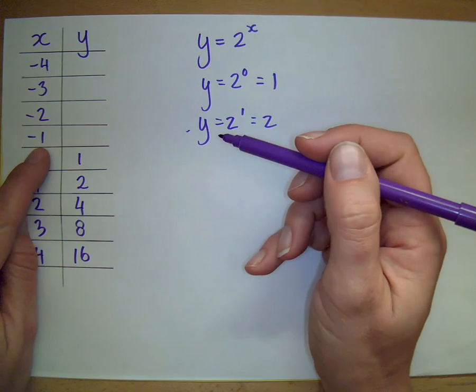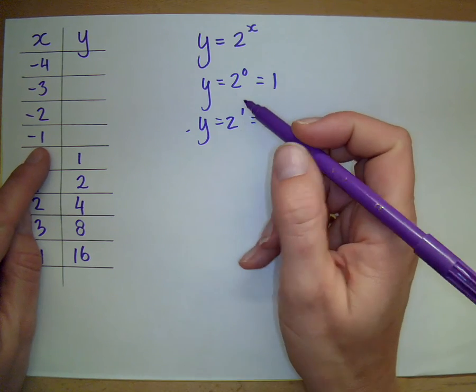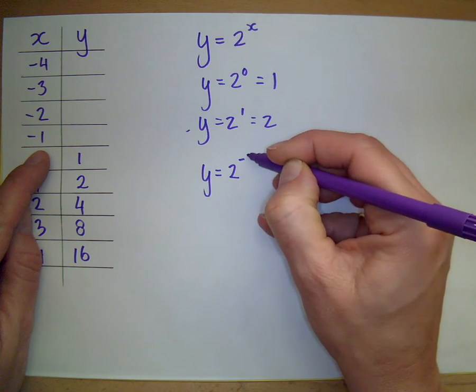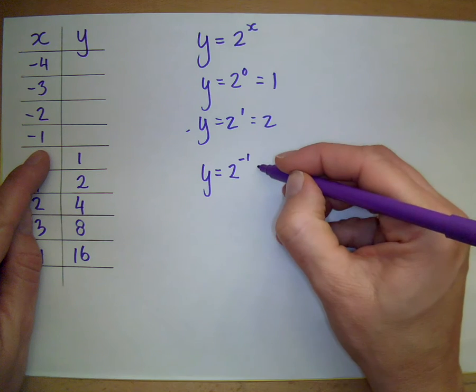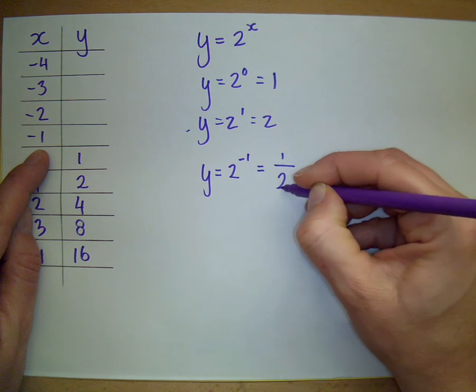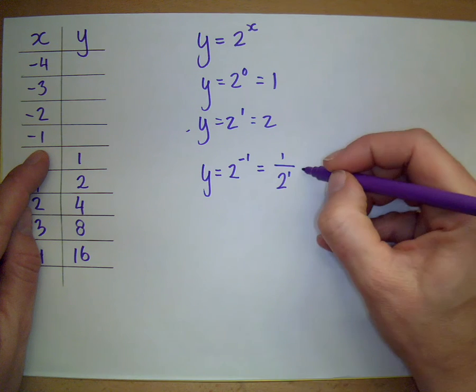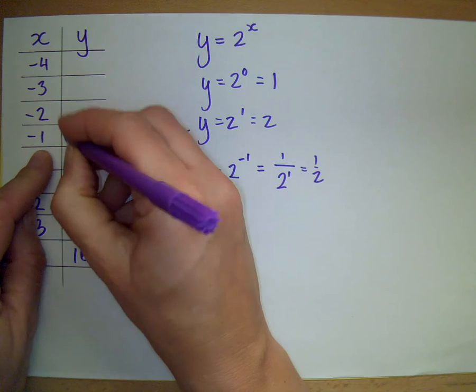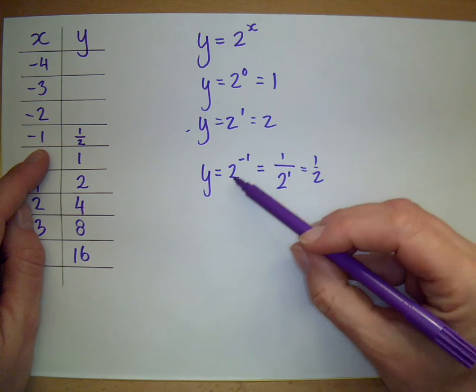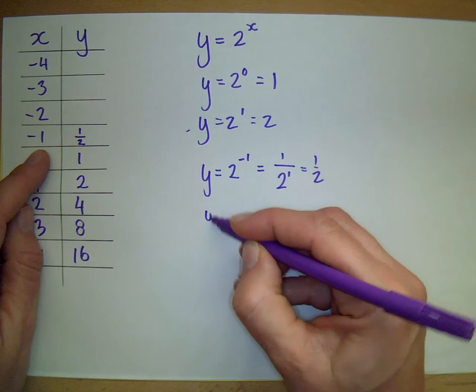Now the negative numbers were a little harder, right? Y equals 2 to the power of negative 1. That meant that it was 1 over 2 to the power of 1, which equals a half, right? Remember, we did a section on negative exponents. That's the case here.